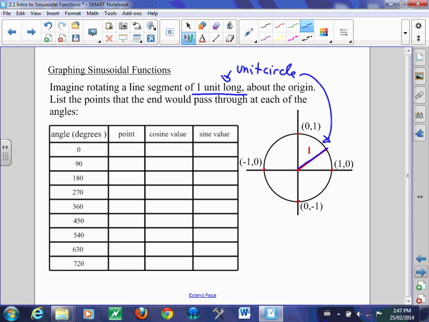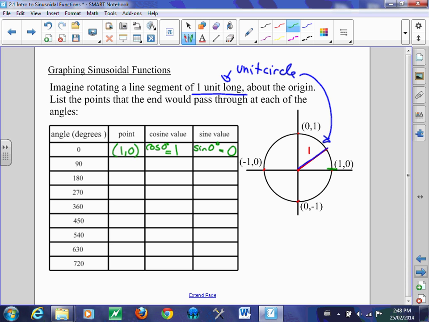First of all, if we start at 0 degrees, so if you think about your terminal arm, you're right here. What's the ordered pair there? It's 1 and 0. So your cosine values, if you take your calculator and go cos of 0 degrees, you'll find out that equals 1, whereas sine of 0 degrees, you plug that in, and that's going to equal 0.